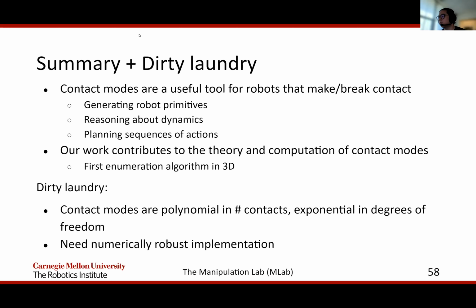The complexity of the enumeration is O(n) to the d over 2 for contacting separating modes, and O(n) to the d squared for sliding sticking modes. So n is the number of contacts, d is the effective degrees of freedom, which is actually less than the number of degrees of freedom of the object. So in practice, it can be done fairly quickly. Okay, cool. Thank you.